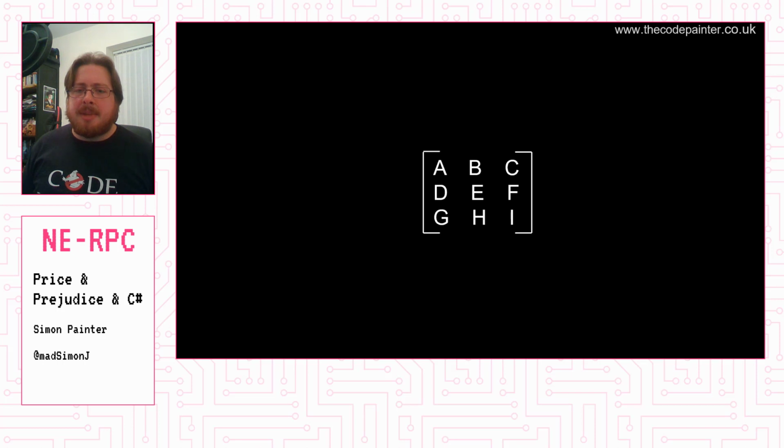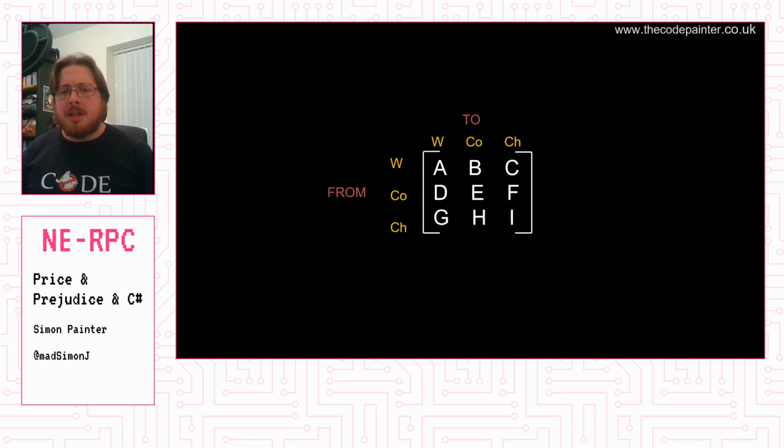This is a matrix, nothing to do with snazzy looking chaps with long dark trench coats and glasses. All it is is a grid. It's a two-dimensional array, same as all the sorts of two-dimensional arrays we've run into in .NET in the past. But to illustrate what each of these items mean, the columns represent the state that you wish to change to, the rows are the state you are changing from, and here I have laid them out in the order Weetabix, Cocoa Pops, Cheerios.